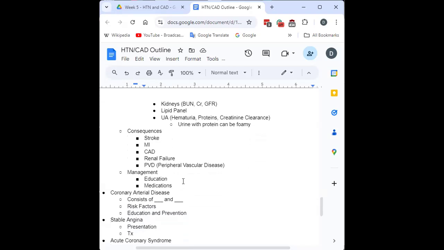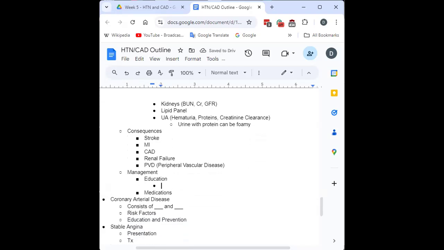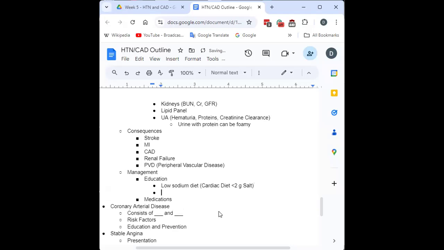So what is some education we can do for these people? Yeah, so a low sodium diet. Remember that's the cardiac diet. Really less than 2 grams of salt, usually pretty typical. Increase exercise.